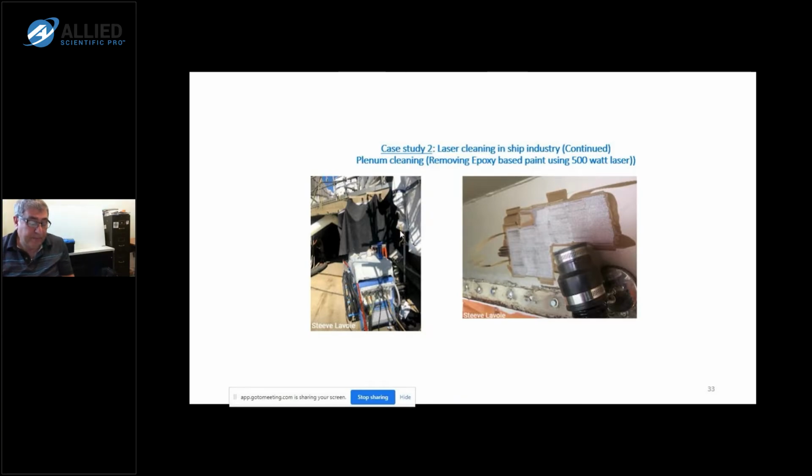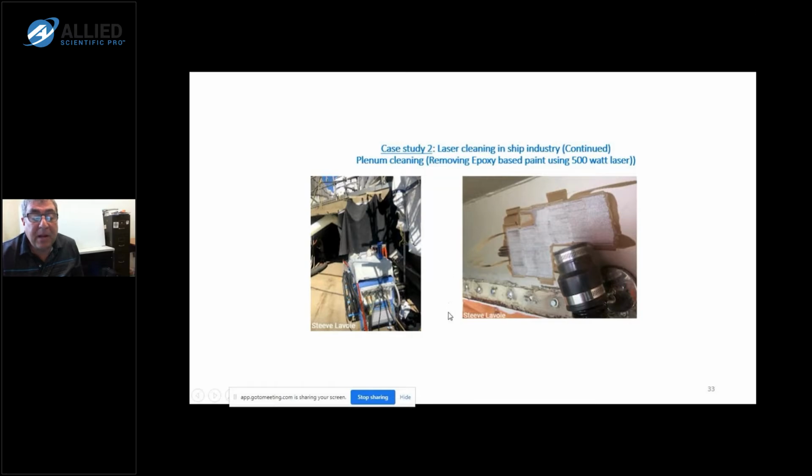We also needed to do a surface profile for this paint removal. For example, we managed to clean 30 centimeters square in 30 minutes with the 500-watt laser, and we made a 3.7 mil profile, or also 30 centimeters square in 10 minutes and left a 4.2 mil profile, depending on the thickness of the paint.